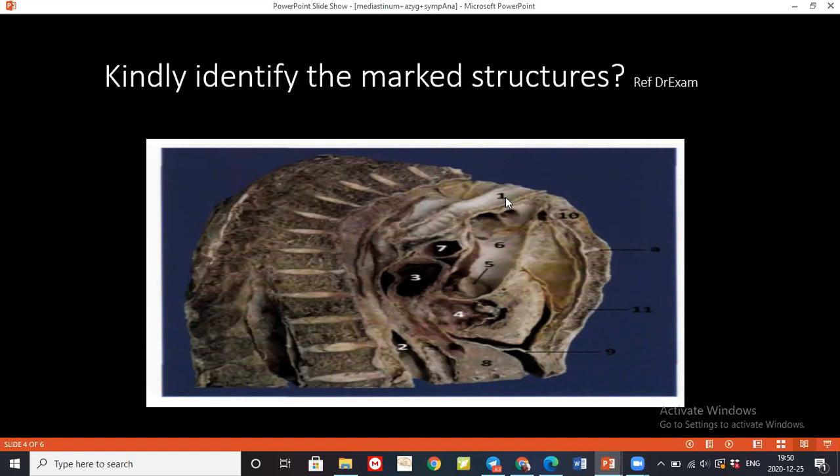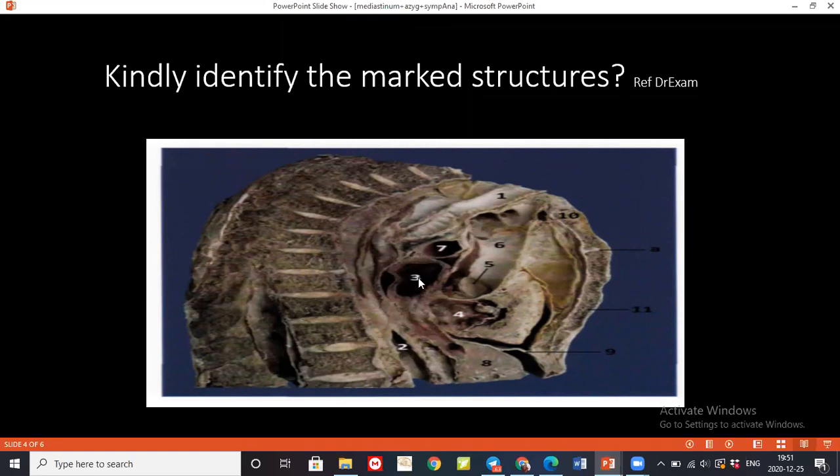Okay. Can you please identify number 1 here, please? This is the trachea. Yes. And then number 2 over here, please. This is the oesophagus. Number 3, please.